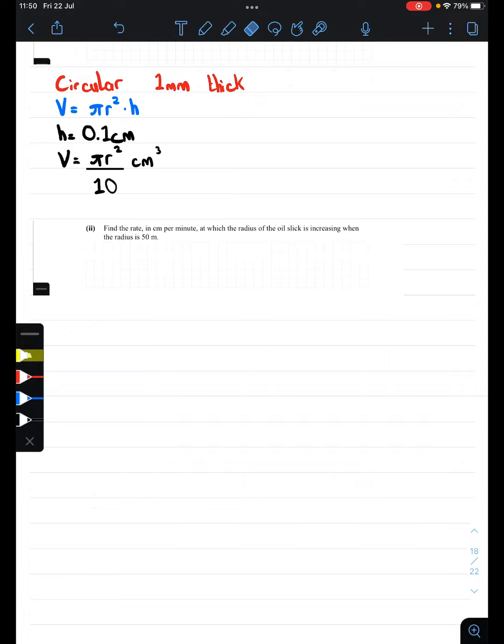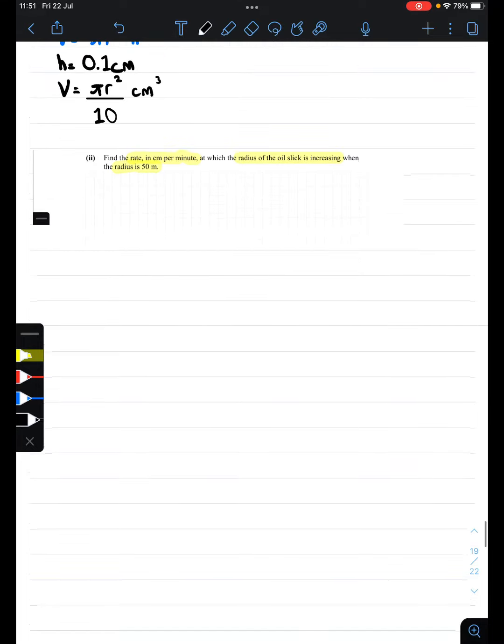Okay, now on to the second part of B. We want to find the rate in centimeters per minute at which the radius of this oil slick is increasing when the radius is 50 meters. Alright, so we're looking for dr dt, the rate of change of the radius with respect to time.